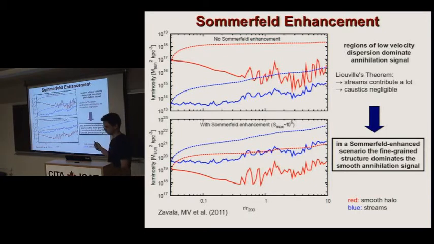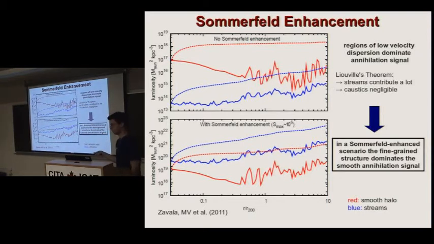Now I want to point out that if you have this mechanism at work, the situation of the fine-grained contribution also changes significantly. What I said before was that the caustics may matter for annihilation. Now in a system with Sommerfeld enhancement, particles with a low velocity dispersion get a larger cross-section and will also produce more annihilation. If you go to fine-grained properties, the caustics, which have a very high density, must automatically also have a very high velocity dispersion, simply to preserve phase space density, by the Vogelsberger theory.